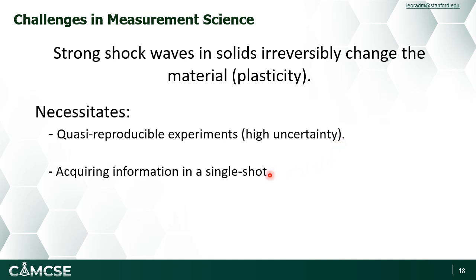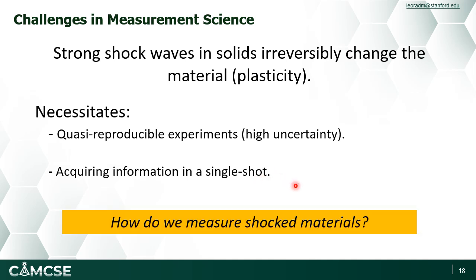But if we want to really compare the irreproducible and irreversible phenomena that are different, not just in different samples, but even if we were to cut in half exactly the same material, we find that we actually need to be able to collect all the information about the shock wave in a single shot, or a single shock wave exhibited onto our sample.